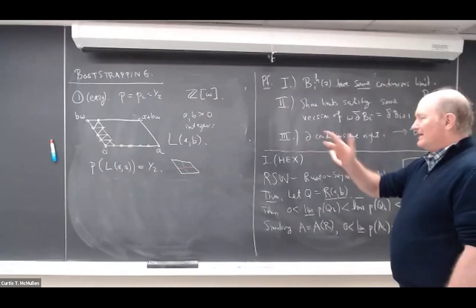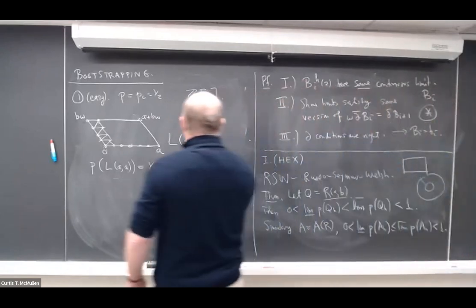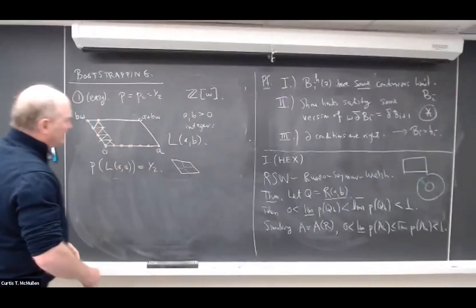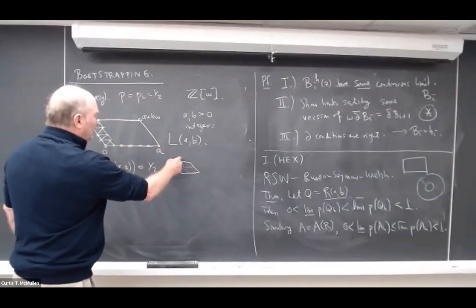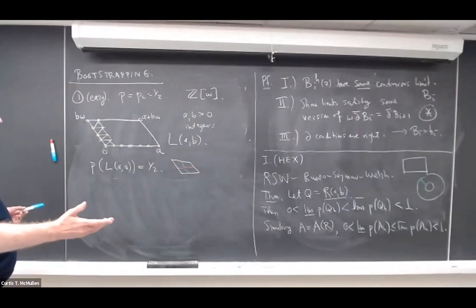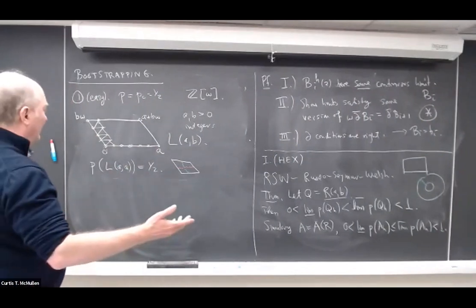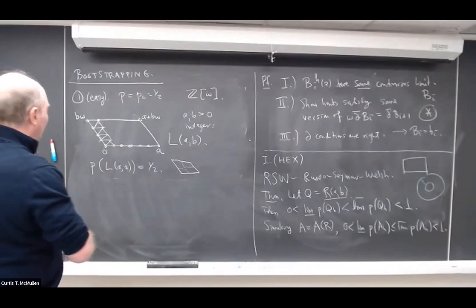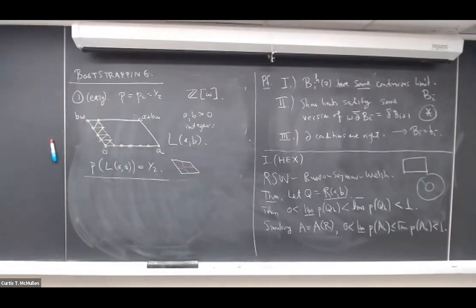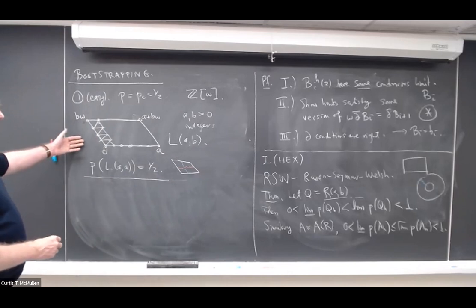But since the rhombus is symmetric, that means that the probability of a blue crossing is the same as the probability of no blue crossing. And so since the sum of those two events is 1, they must each be a half. Okay, so this is where the symmetry of the game of hex on a rhombus comes in.